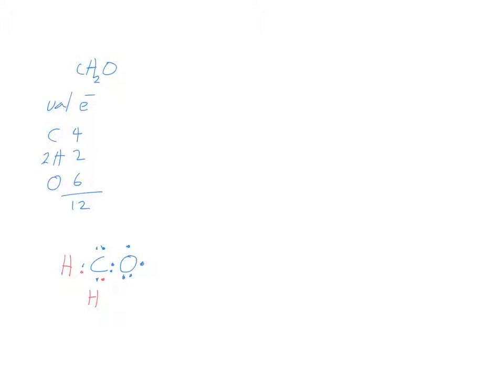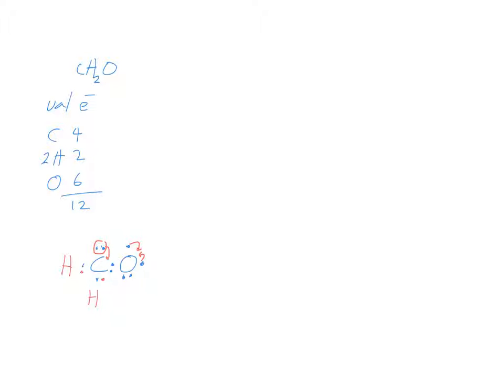And so what we need to do, if we look back at our rules, it says that we can complete our octet either with lone pairs or with multiple bonds. So we're going to combine these two into a pair, and we're going to take this pair and put it in here to make a multiple bond.